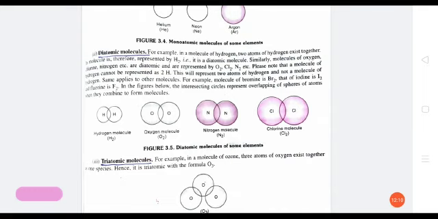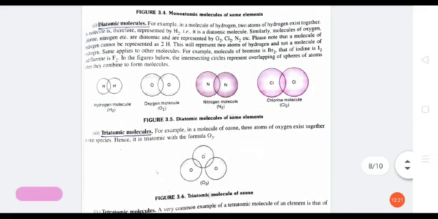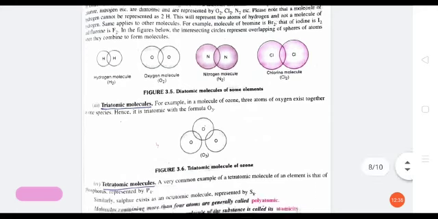Here the atomicity is 2, so they are diatomic molecules. Similarly, for a triatomic molecule, three atoms of oxygen exist together to make the formula O3, which is ozone. So it comes under triatomic molecules.